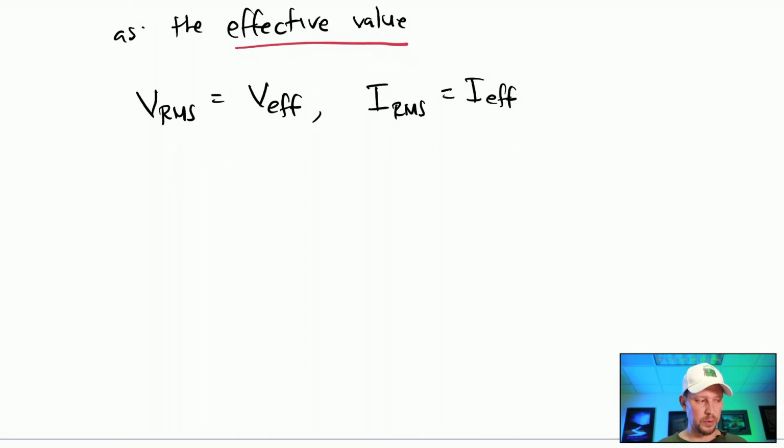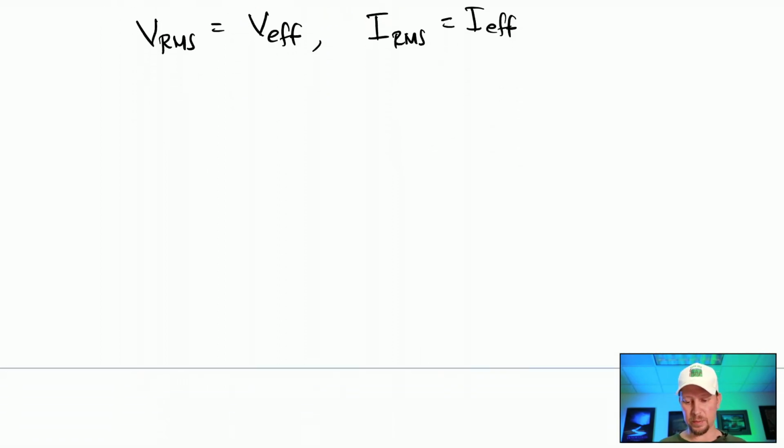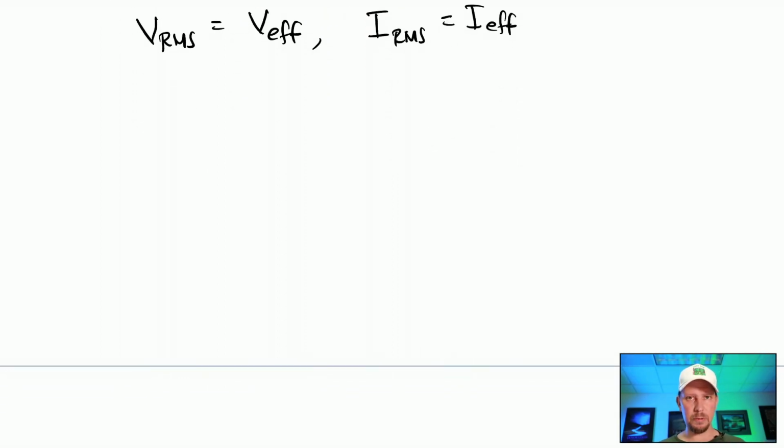Now, one important thing that can be done is we can rewrite the real power and the reactive power in terms of RMS values as well. So suppose that you took a look at the real power that's being delivered to a system.